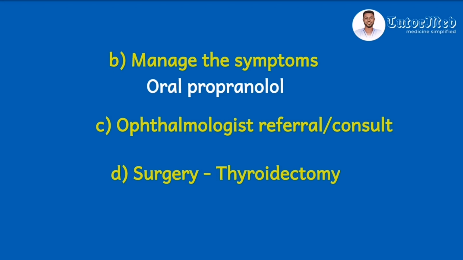However, the surgery is indicated in patients who for some reason are not tolerating the anti-thyroid medications, or who have had several courses of the anti-thyroid medications but are still not getting better, or patients who have a large goiter which is causing obstructive symptoms and so might require surgical intervention, whilst bearing in mind that the parathyroid glands are also within the thyroid, and so when we are doing a total thyroidectomy, we might have to also be thinking of hypocalcemia as a complication and then manage it accordingly.